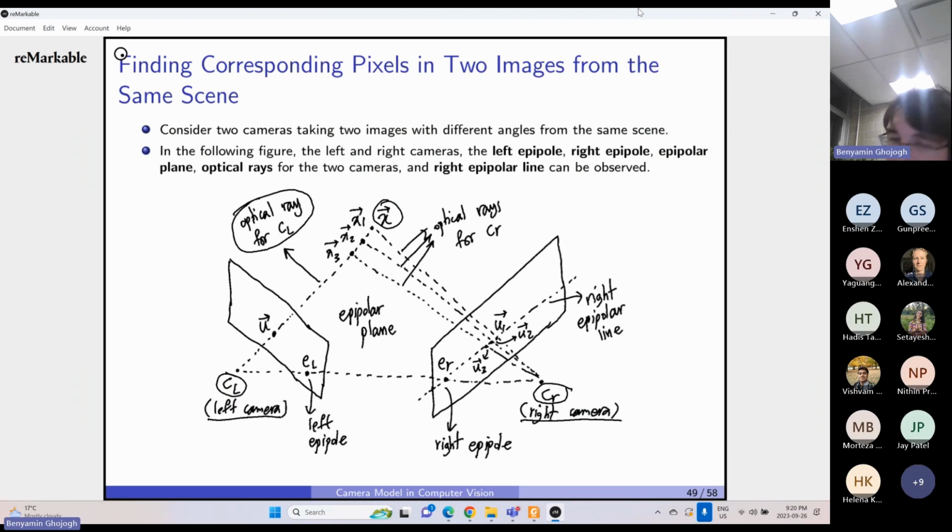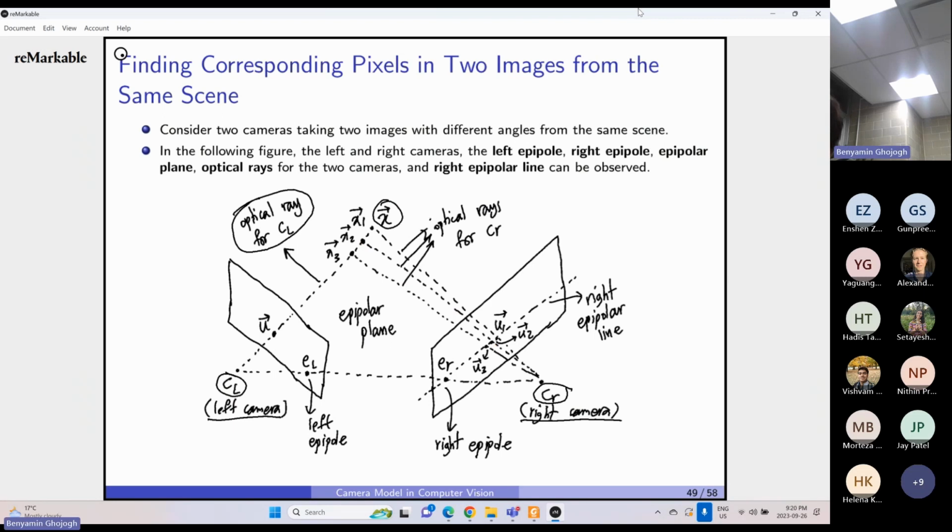Also, consider any point on the optical ray of the left camera, and connect every point on this optical ray to the lens of the right camera, like this.